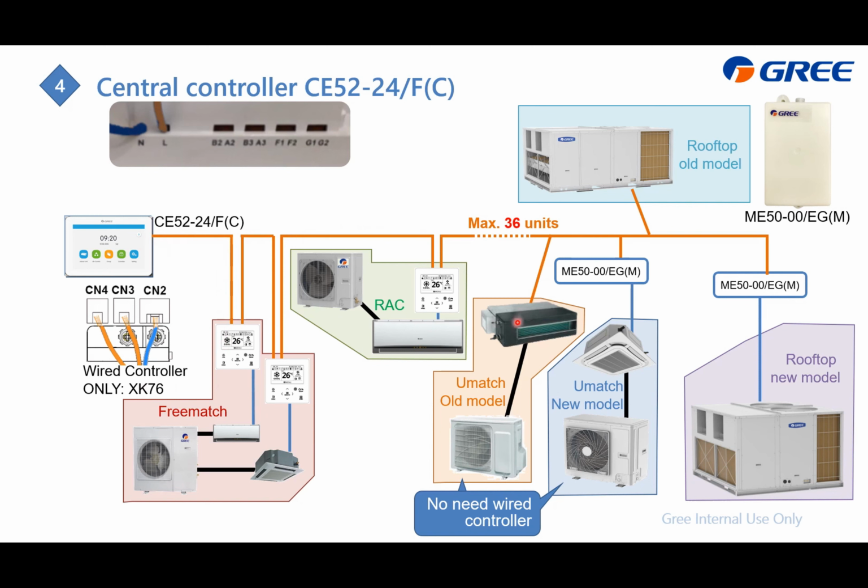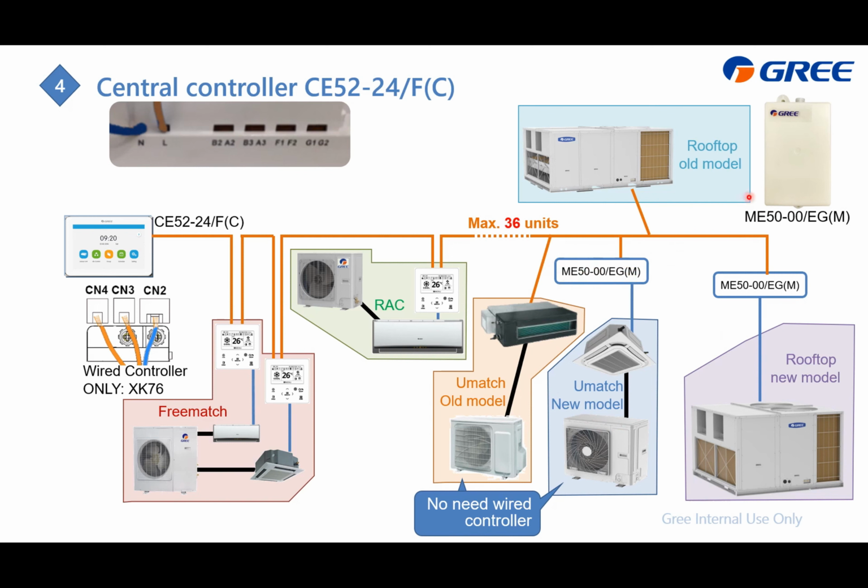And as for the UMatch, for the old model, directly from the Indoor Unit PCB. And also for the UMatch new model, you need to apply this NE50 as an adapter to output the standard RS485.